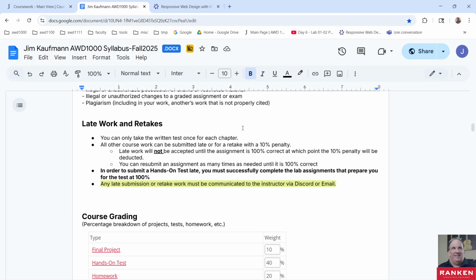I'll have to look at that after it's past the due date, because we used to not allow that at all. But one way or another, if there's a test that you did not take and went past the due date and you want to take it, I'll work with you to make that happen. And besides that, all other coursework can be submitted late or for a retake with a 10% penalty.